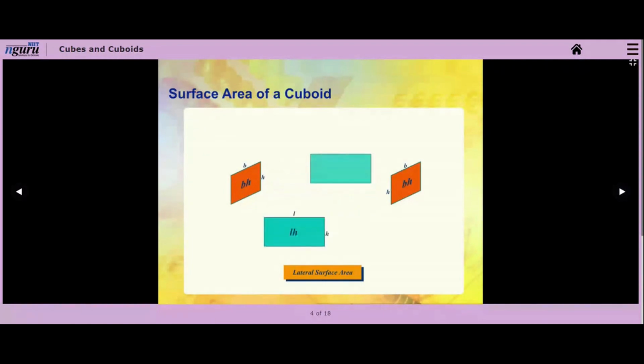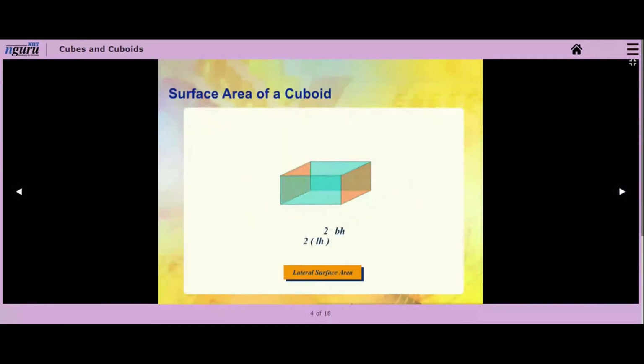Using the formula for the area of a rectangle, we get the area of one pair of the opposite faces of the box as L into H, and that of the other pair as B into H. Observe that the two opposite faces have equal areas. To obtain the lateral surface area, we add the areas of both pairs of opposite faces, which is equal to twice the sum of L into H and B into H.